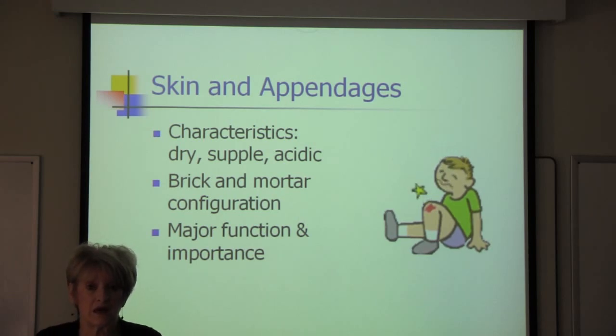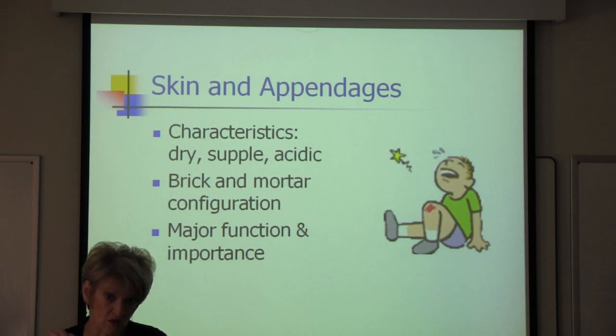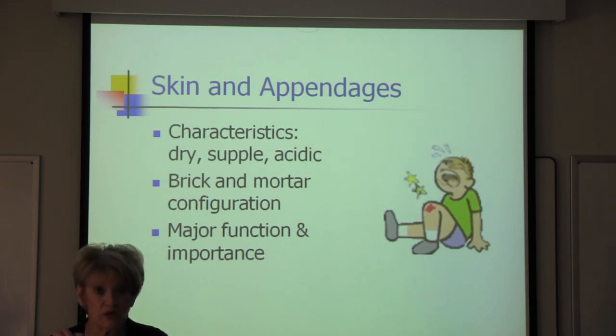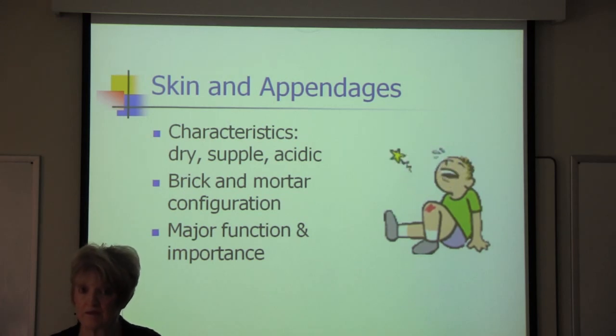But if we deplete those skin oils and we don't replace them, then we have little gaps between the cells, kind of chinks in our armor, and it makes it much easier for organisms and irritants to penetrate. So keeping the skin soft and supple not only feels better and looks better, but it's also an important element of skin health.